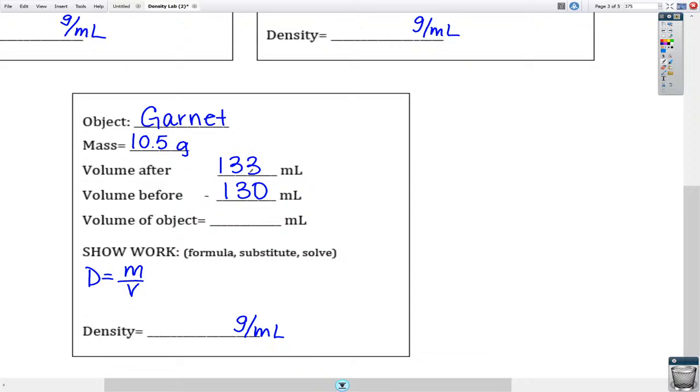Which means the volume of my object is what? Good. And we're going to use this number and this number to get our density.